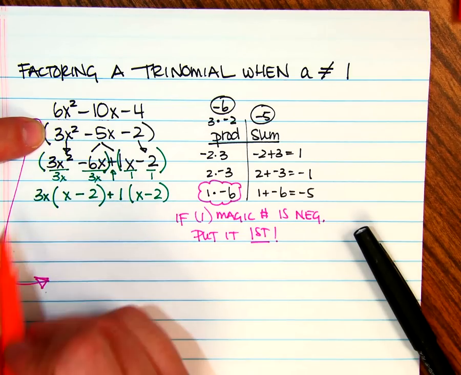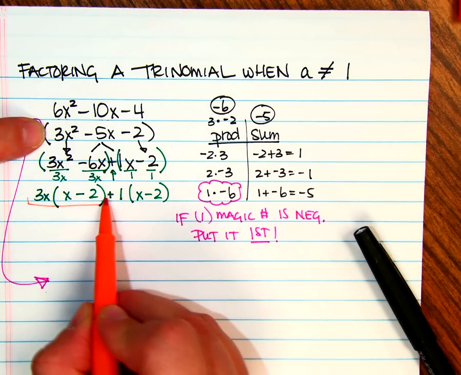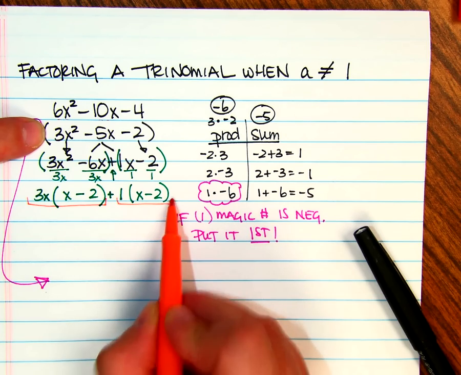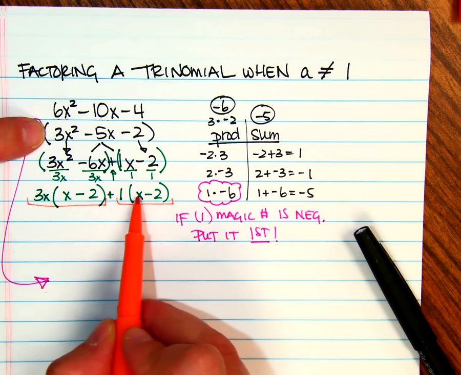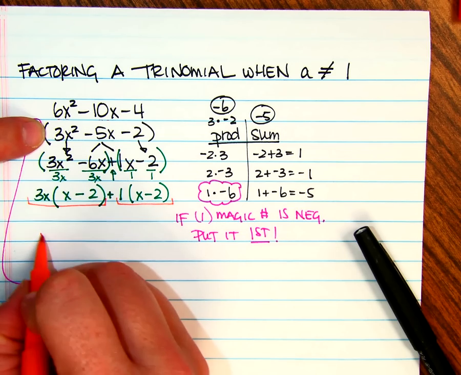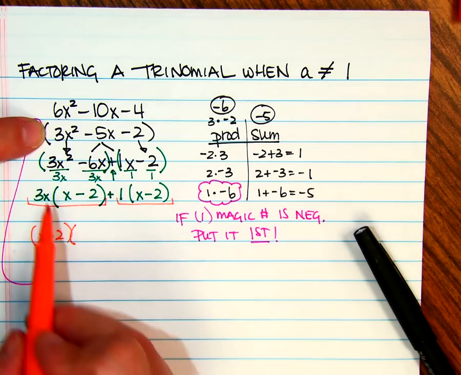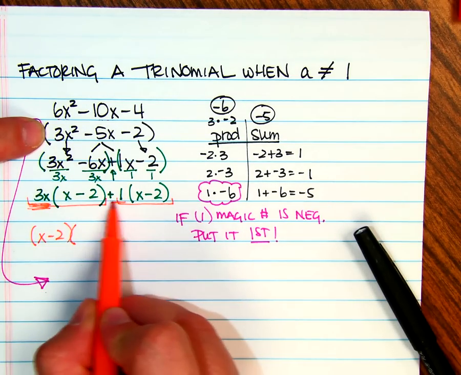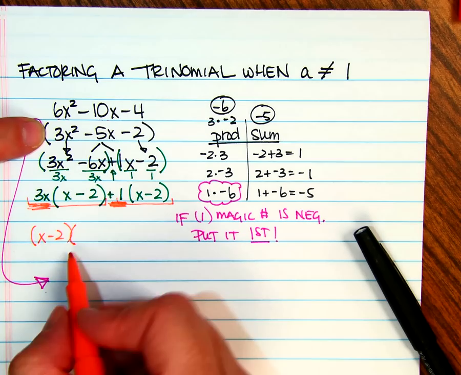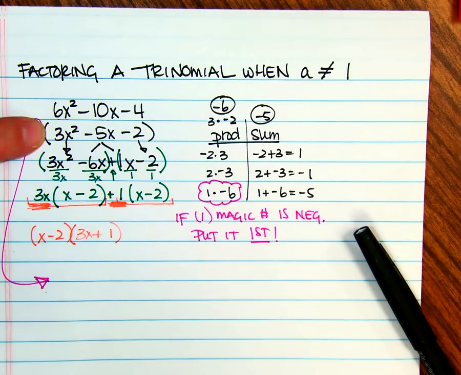So now what I'm doing is GCF one more time. I'm looking at this term and this term. Don't they both have the quantity of x minus 2? So I'm going to take that out, and then the garbage left would be whatever is not in parentheses, the 3x and the positive 1. That's what creates my second binomial.